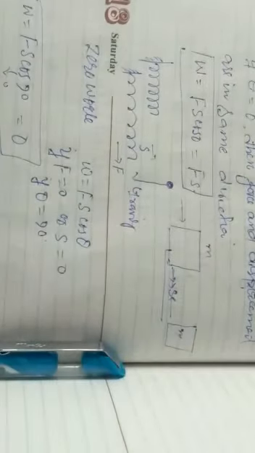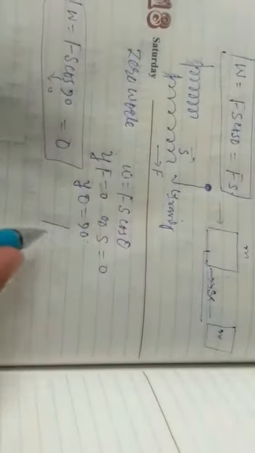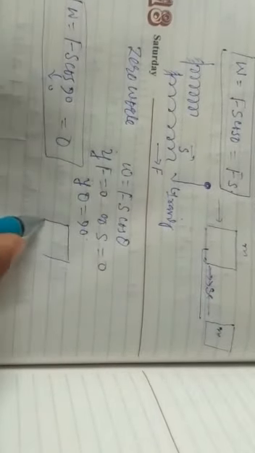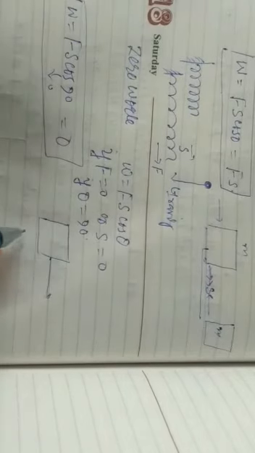So work done will be 0 when either force is 0 or S is 0, or there is presence of F and presence of S, but they are at an angle of 90 degree. Then that is called zero work done. For example, if you have a box here and you are going to move it like this, but there is the gravitational force acting downwards.